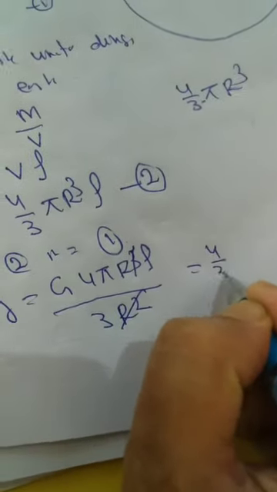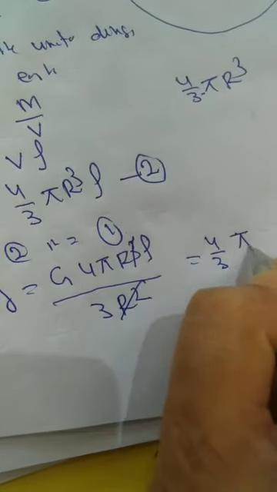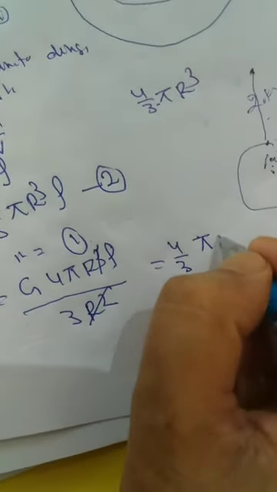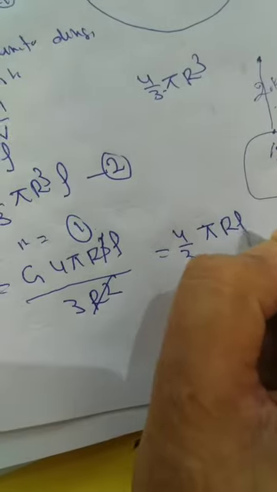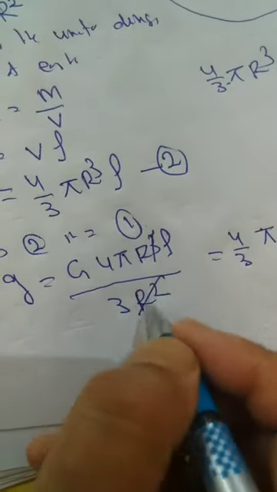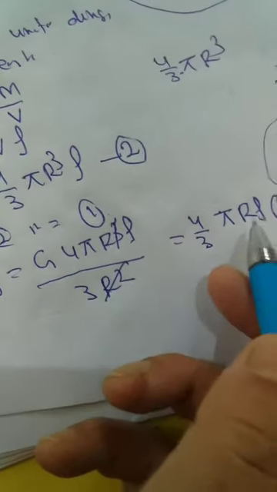Ultimately we get g equal to 4 by 3 pi r rho G. Name this equation third. This is the g.